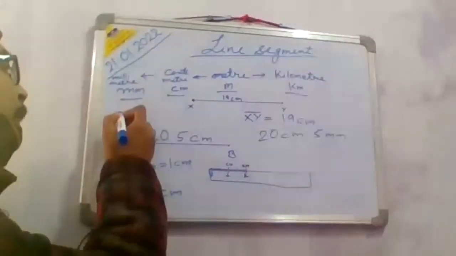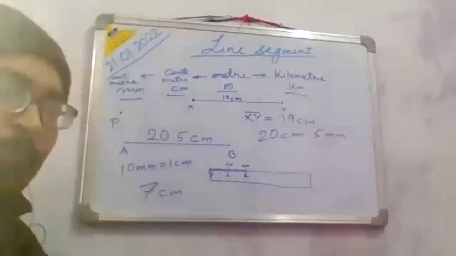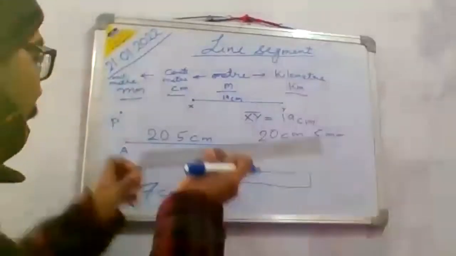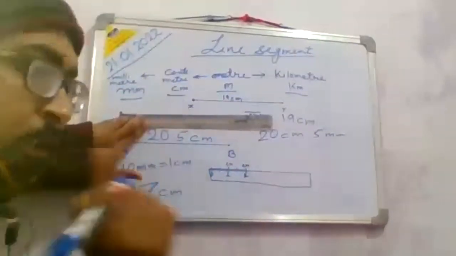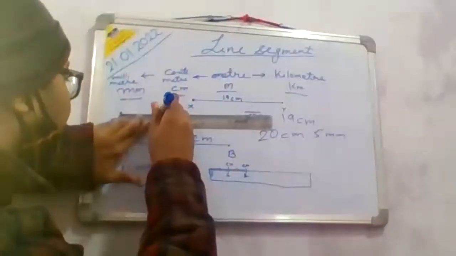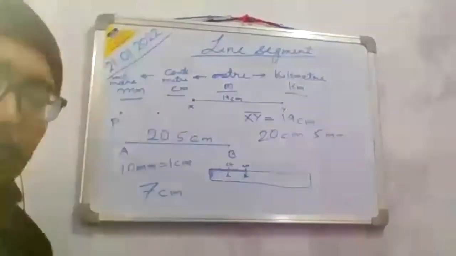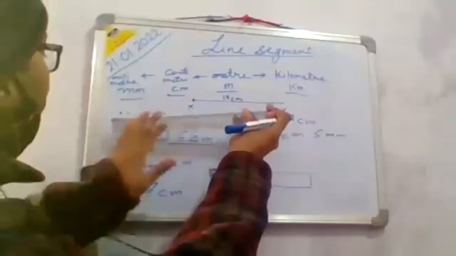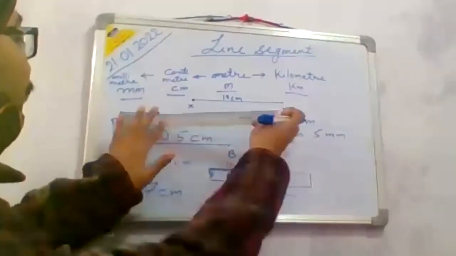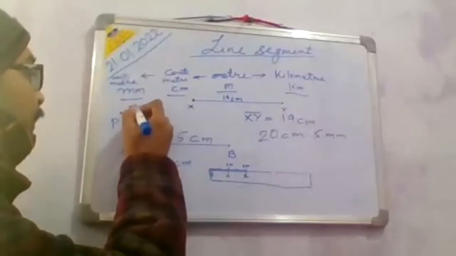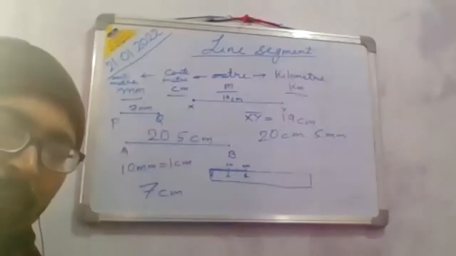First, we will take a point and name it P, and then we will take this scale and put another dot at 7. It is this, 7. Now we will join both points. We will get a 7 centimeter line segment. Clear?